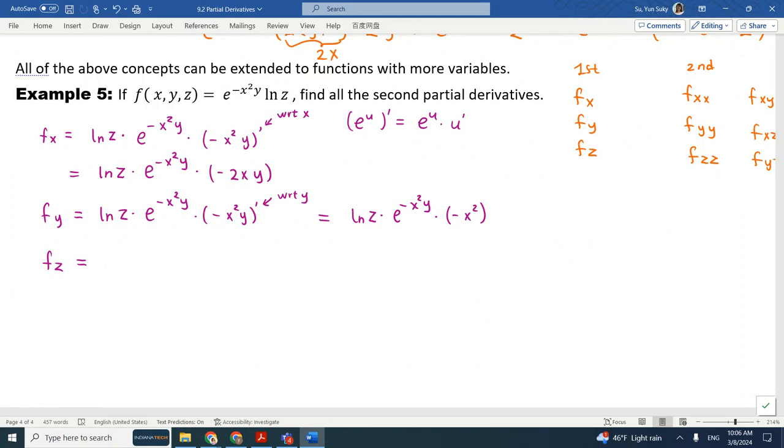So we copy it: e to the negative x squared y. And then we take the derivative. The derivative of ln z is 1 over z. Very good. Is that okay, everybody? So these are the first partial derivatives.